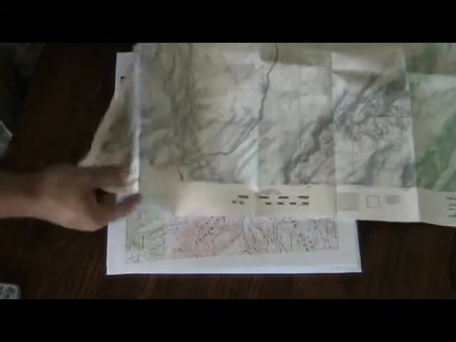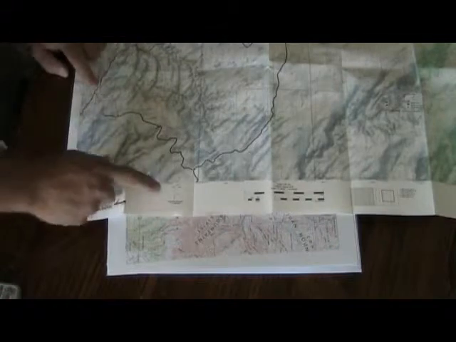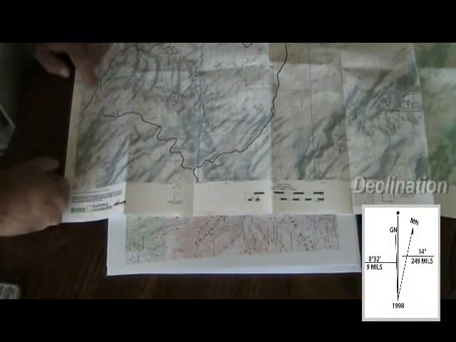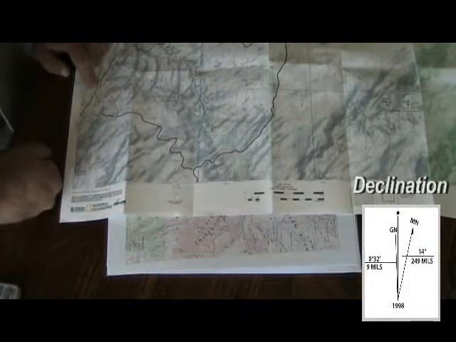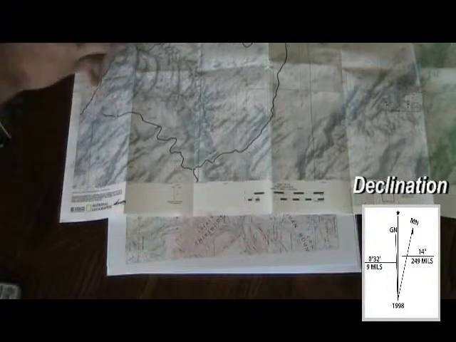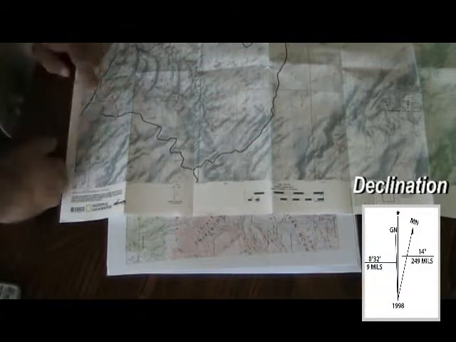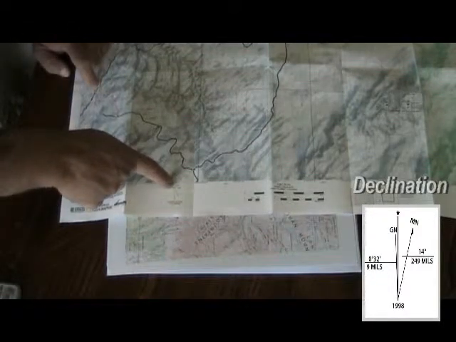One of the other things, on this side right here, is your magnetic declination. Declination comes into play when you're using a map and a compass to navigate. You've got to either figure in your declination, adding or subtracting it depending on what you're doing.